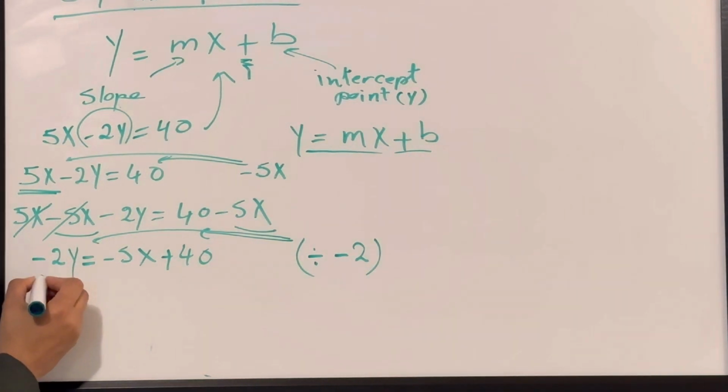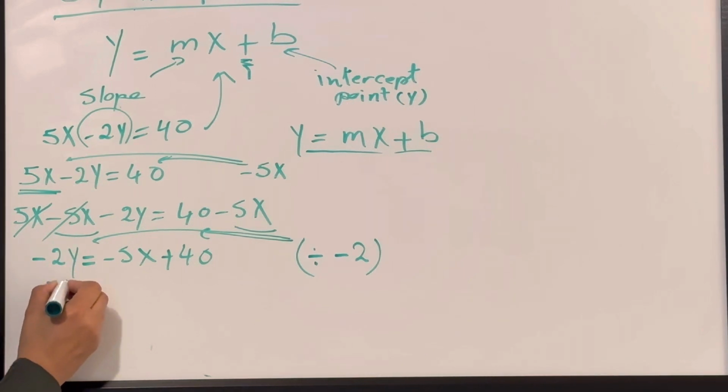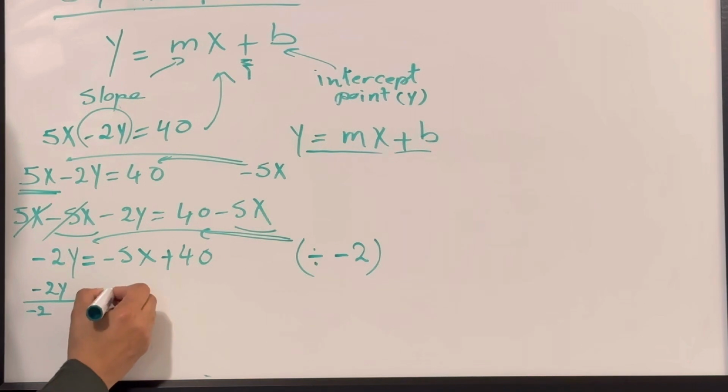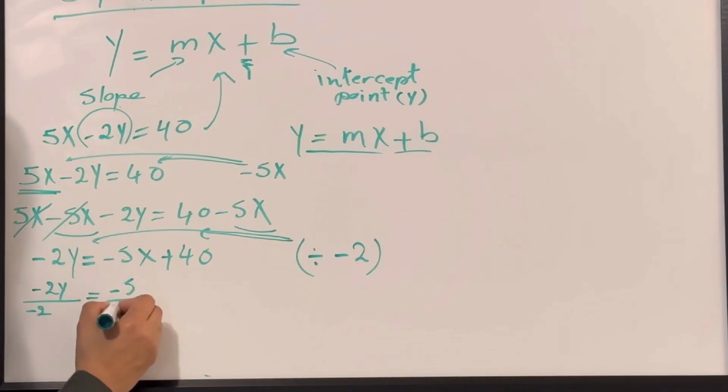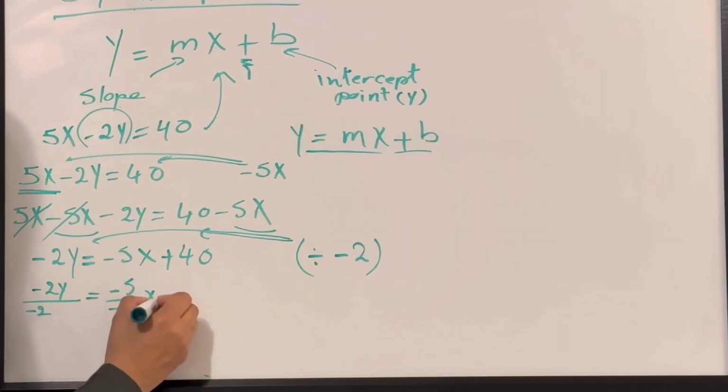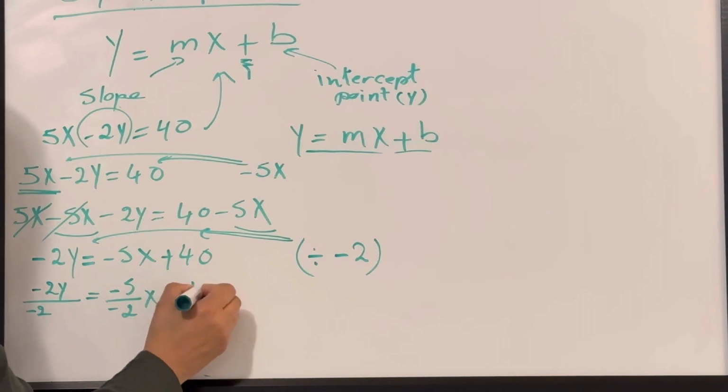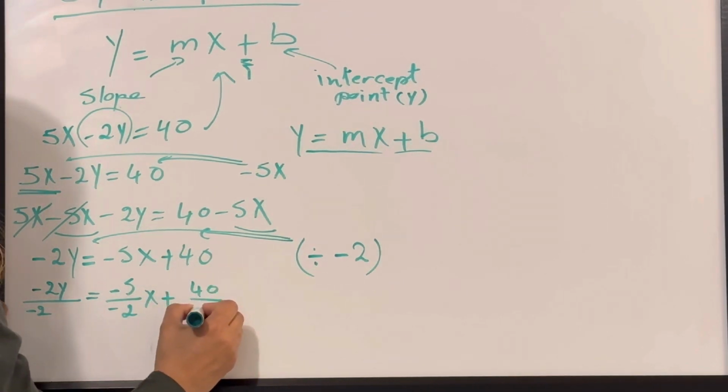Now minus 2y divided by minus 2 equal minus 5 over minus 2x plus 40 divided by minus 2.